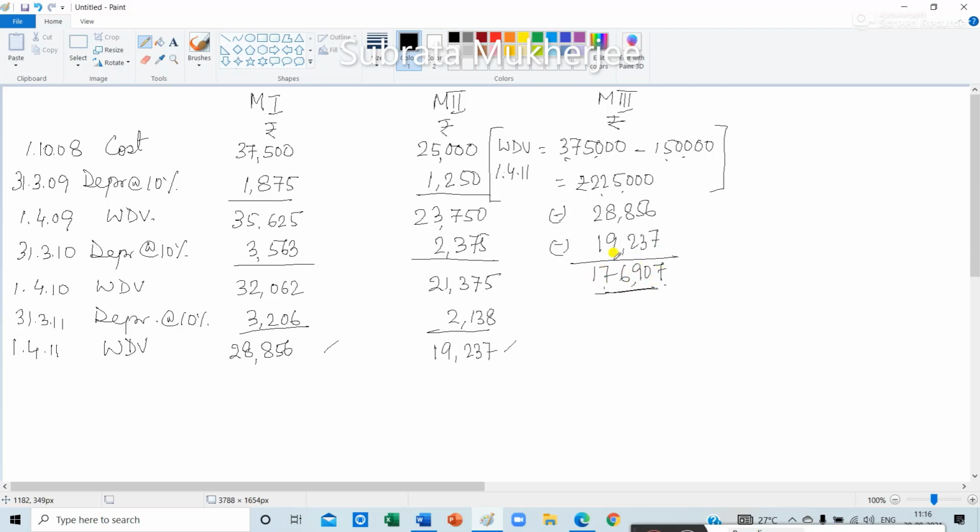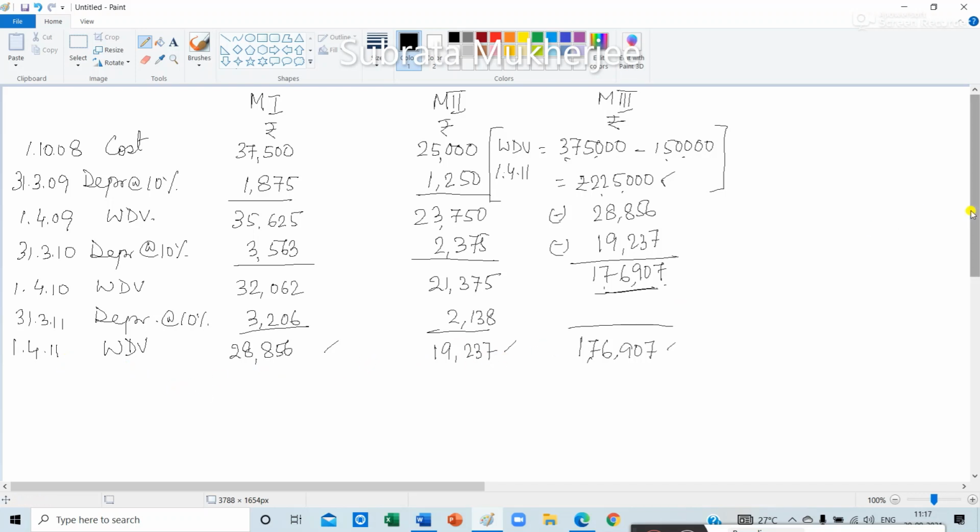This is the written down value of the machine, which I am writing under M3, 1,76,907. If you add these three values, 1,76,907, 19,237 and 28,856, you will get the written down value of the machinery as on 1st April 2011, which is given in your question as rupees 2,25,000. So under M3, I am writing the balancing figure of the machinery that stood on 1st April 2011.